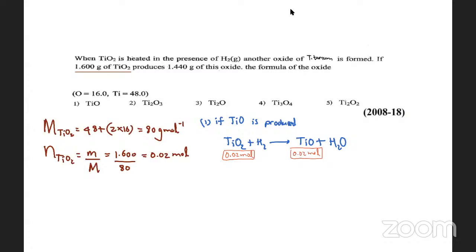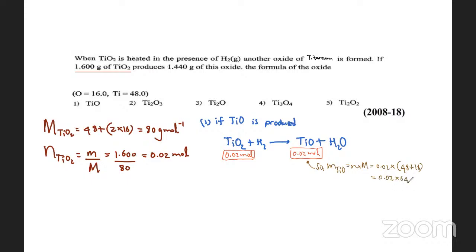So what should have been the mass? Mass of titanium oxide should be number of moles into molar mass. Number of moles is 0.02 into what is the molar mass of titanium oxide, people? 48 plus 16, which is 64.